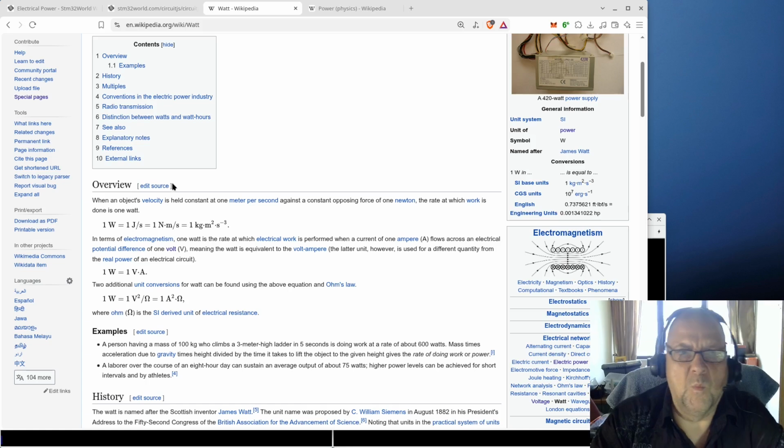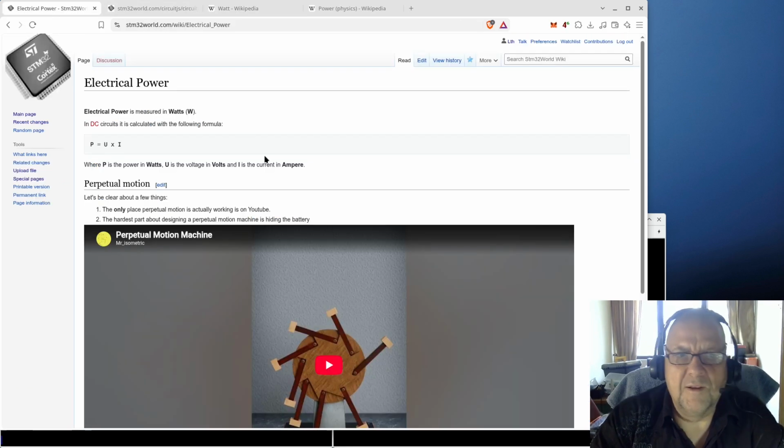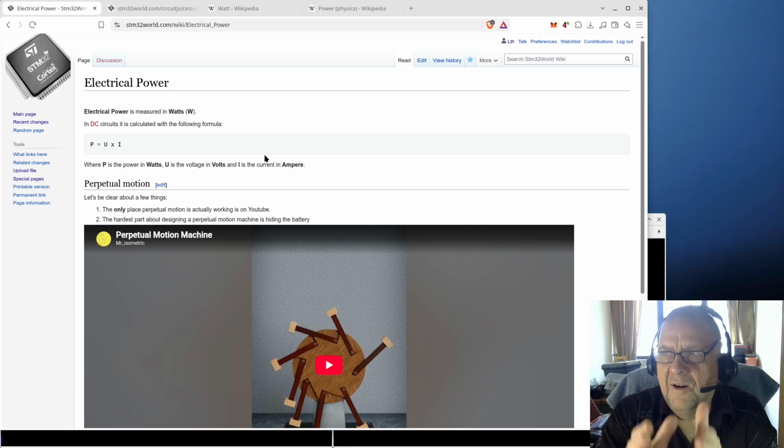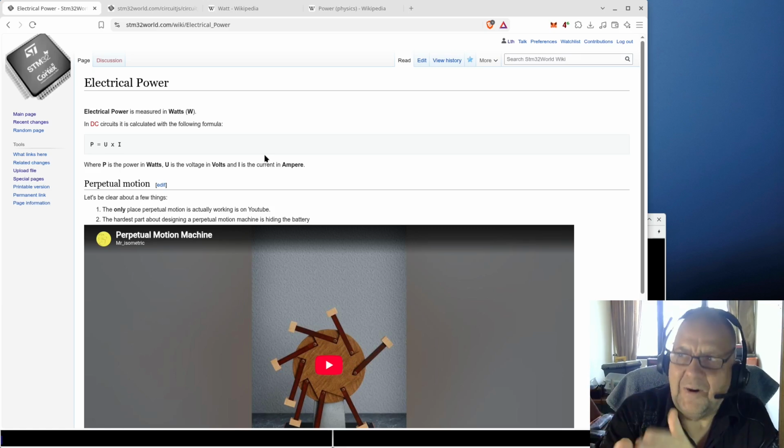So that's 1 watt. It is important to understand that watt is not a unit of energy. Energy is measured in, for example, kilowatt hours, and that means how many watts are flowing in an hour, and that is the total energy.